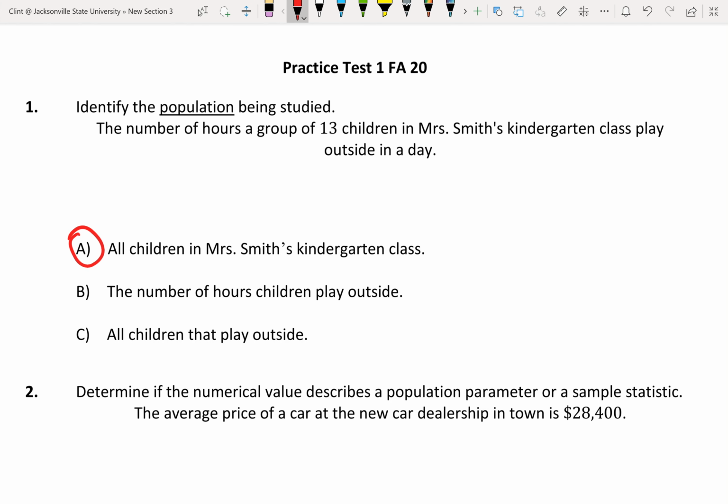That would be all the children in Mrs. Smith's kindergarten class. Okay. We're not counting anything about the number of hours children play outside, and all children that play outside is too big. We're only looking at the ones in Mrs. Smith's class, so can't be that one. And it also wouldn't be the 13 children, that would be a sample.